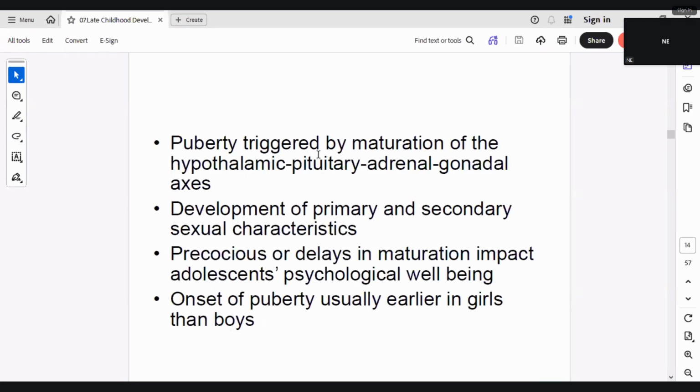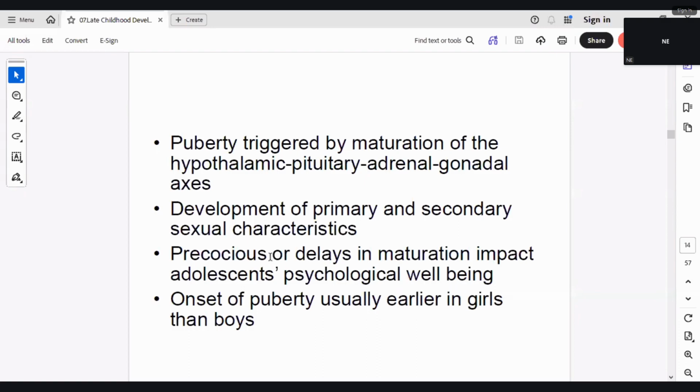And puberty, as you know, is all this hormonal hypothalamic, pituitary, adrenal, gonadal axes, development of primary, secondary sexual characteristics, and then you can have how precocious or delayed maturation impacts psychological well-being.